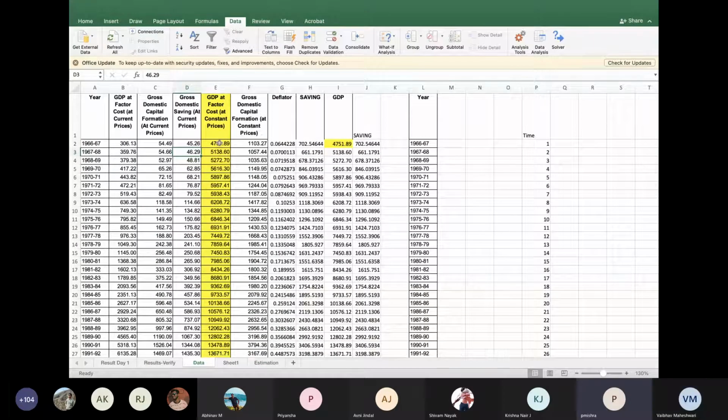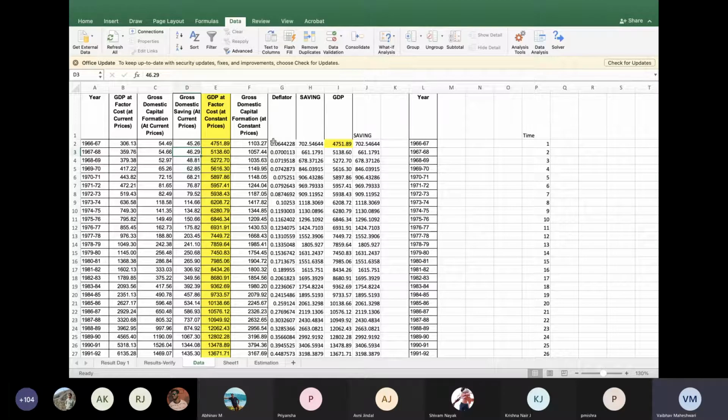So if I would like to see the relationships between savings and income, given the data set, what should I do first? So it was earlier also done, like we found the GDP at factor cost, and similarly we found the savings.